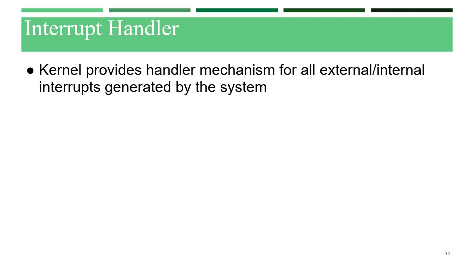Interrupt handler. The kernel provides a handler mechanism for all external or internal interrupts generated by the system. These are some of the important services offered by the kernel of an operating system. It does not mean that the kernel contains no more than the components or services explained above. Depending on the type of operating system, a kernel may contain a lesser or greater number of components or services.